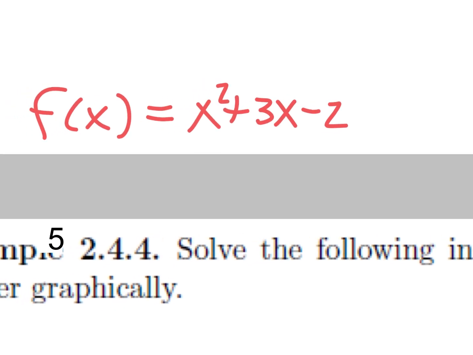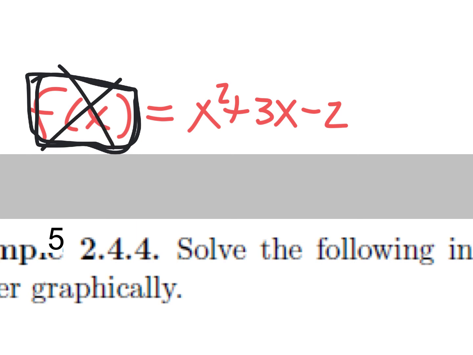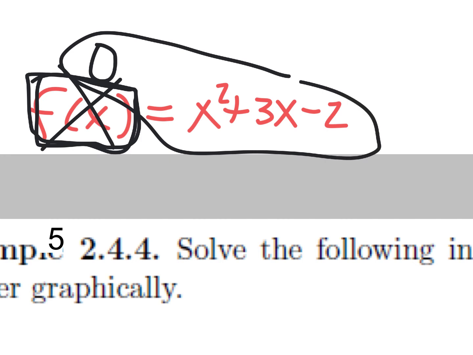Because if you set your function equal to 0, what you're really saying is you got the y value right here. And what happens if you set y equal to 0? You are finding the x-intercepts. That's what we're trying to find. That's why we want it equal to 0. All your quadratics should be set equal to 0 if you're going to use the quadratic formula or factor it, because then you'll be finding the x-intercepts.